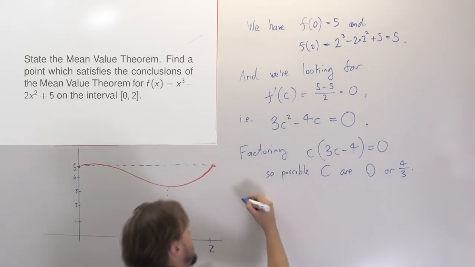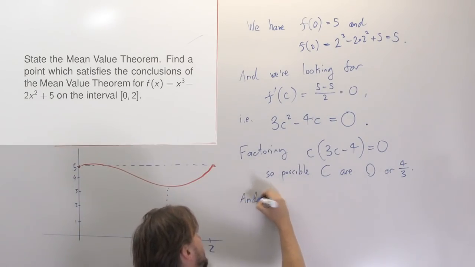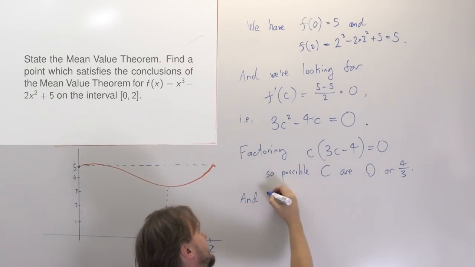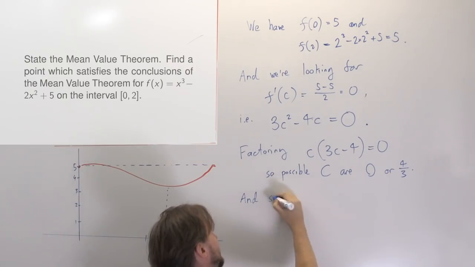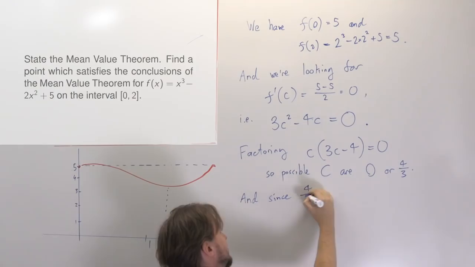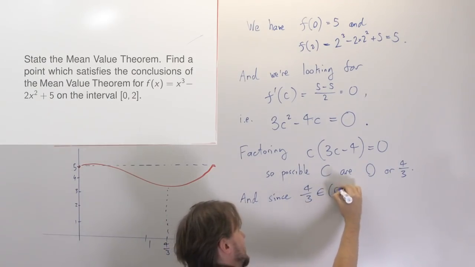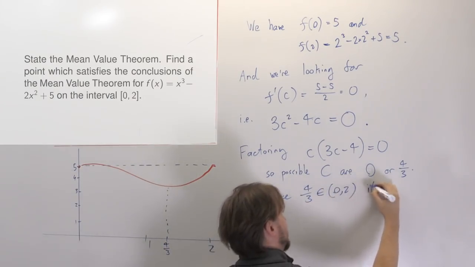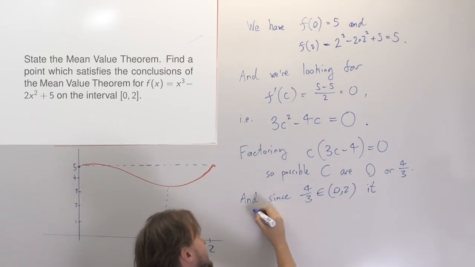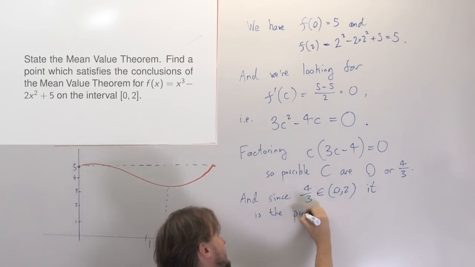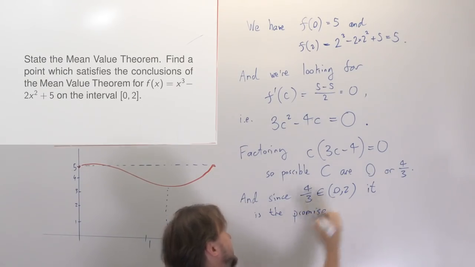So how will I state that? Since 4 over 3 is the one which is in 0, 2, it is the promised point. It's the point that the prophecy foretold. Yes, the mean value prophecy.